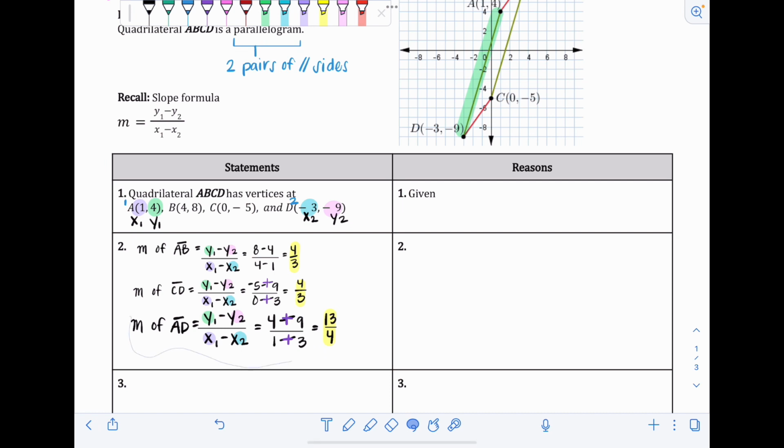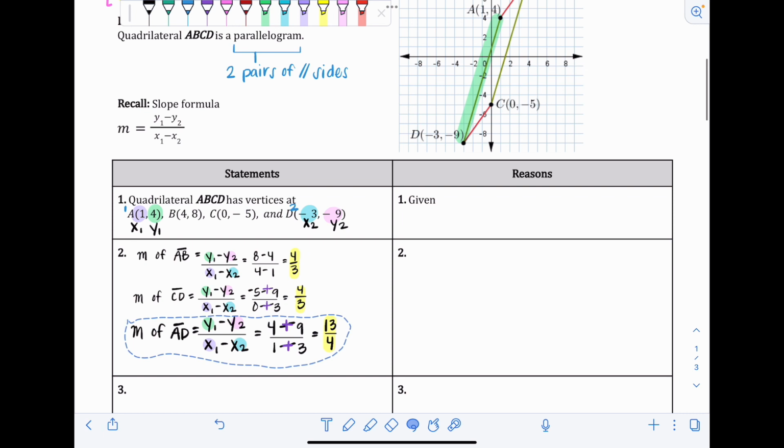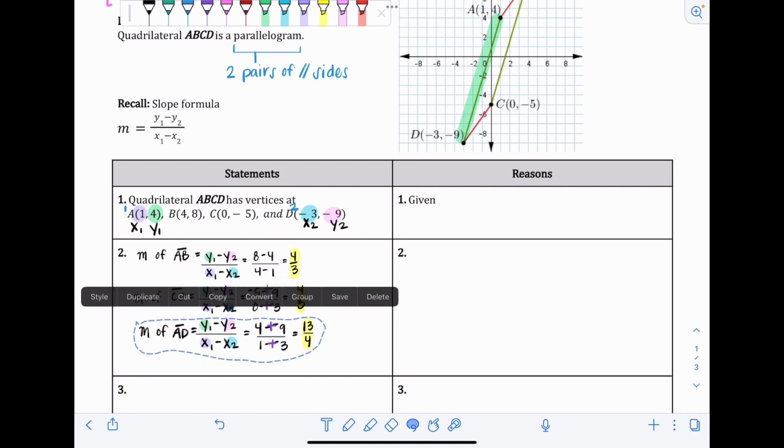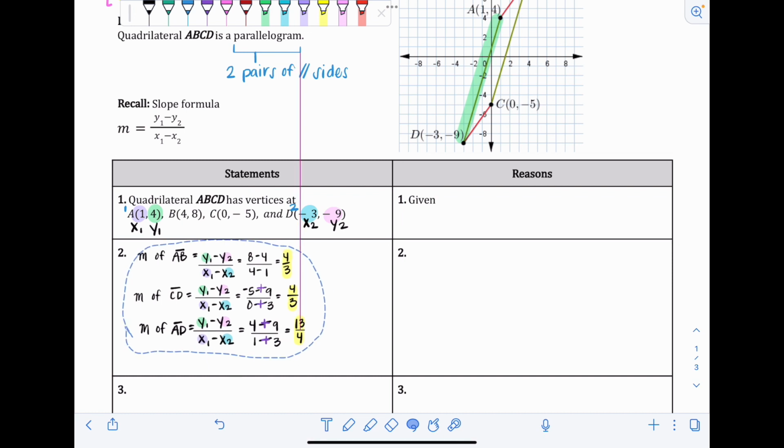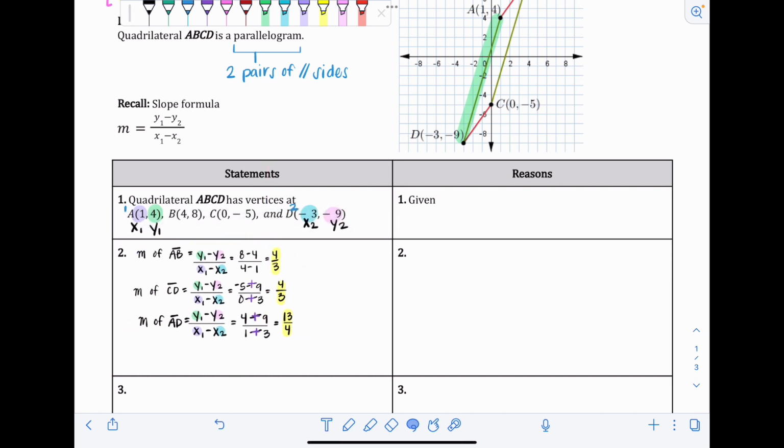Let me shrink this down one more time. And then we'll find the slope of that final side, so it should be CB or BC. Okay, so for the final side, the slope of side BC, same slope formula.